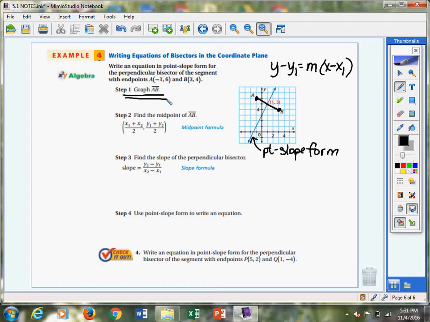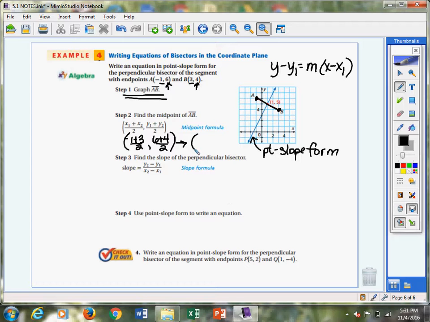So the very first thing after you graph that is you're going to find the midpoint of AB. You're going to add your x's, that would be -1 plus 3, divide that by 2. Then add your y's, 6 and 4, and divide that by 2.